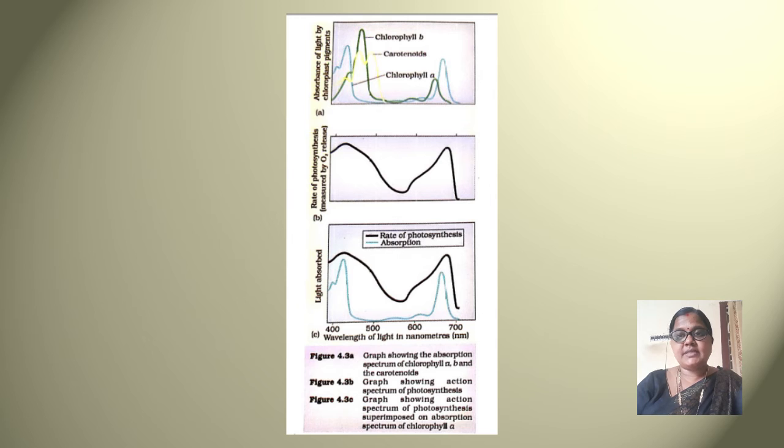Let me show these various pigments by graph. These graphs show the absorption spectrum of various pigments in photosynthesis.